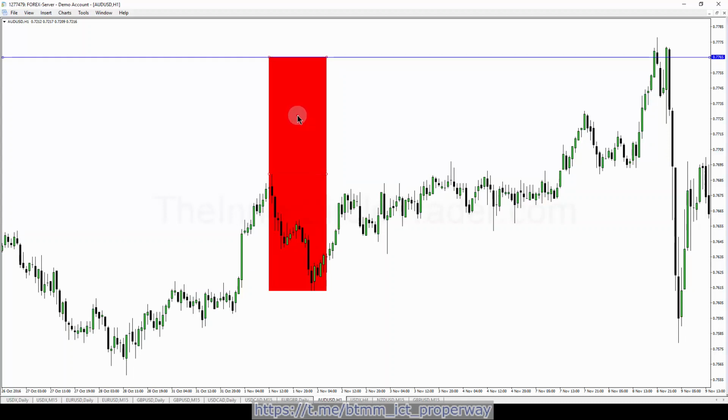You can see this price swing here projected up gives us pretty close to that level up there.